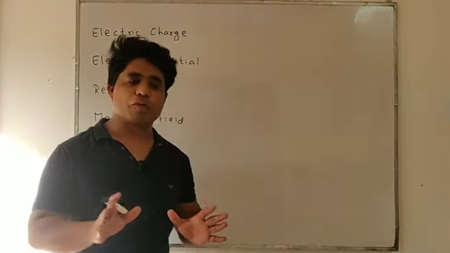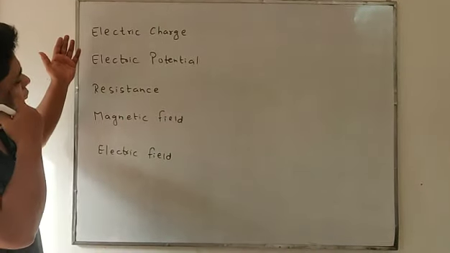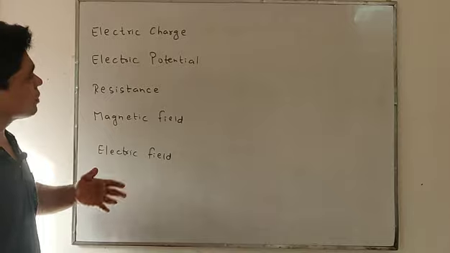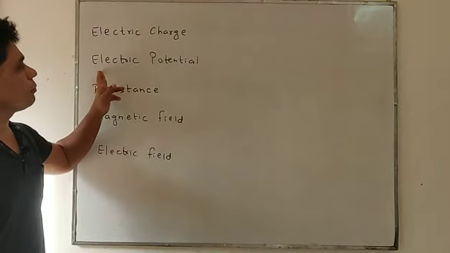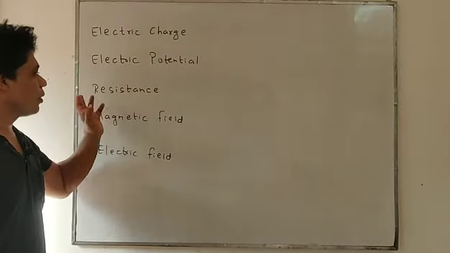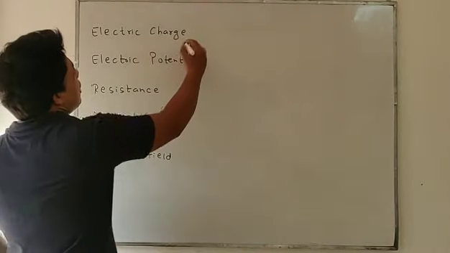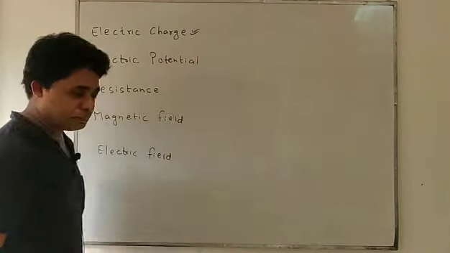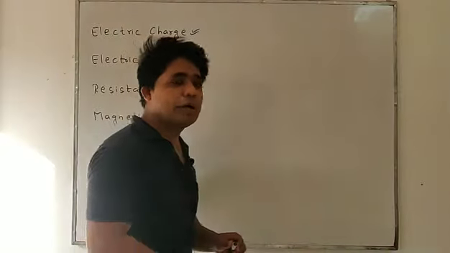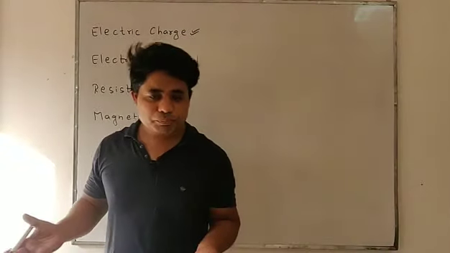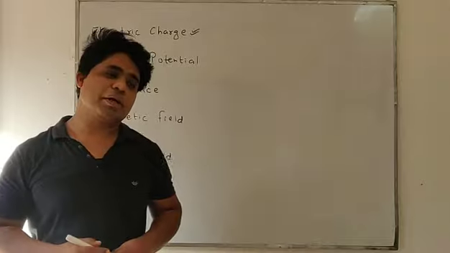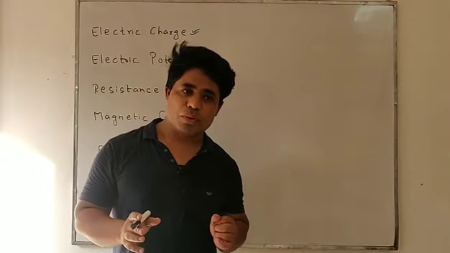Now students, I'm going to find five important dimensions: electric charge, electric potential, resistance, magnetic field and electric field. So let's start with electric charge. Actually, charge is a property of a particle that can generate an electric field or magnetic field.